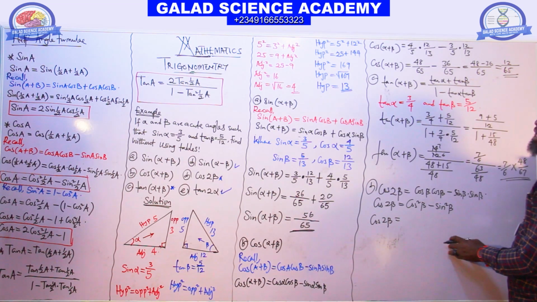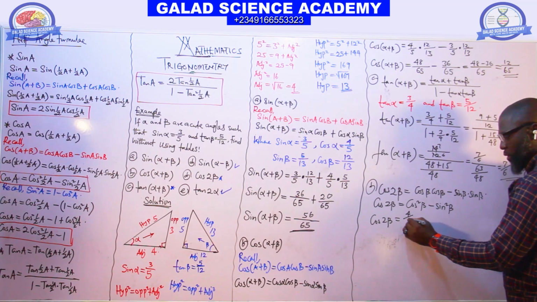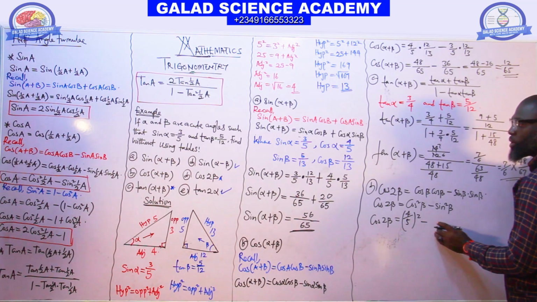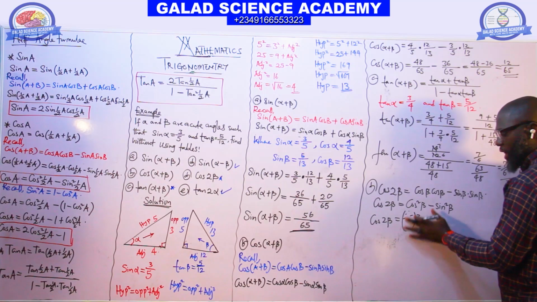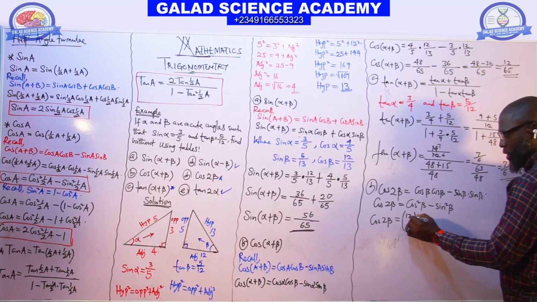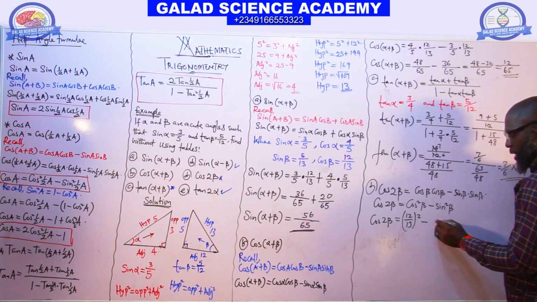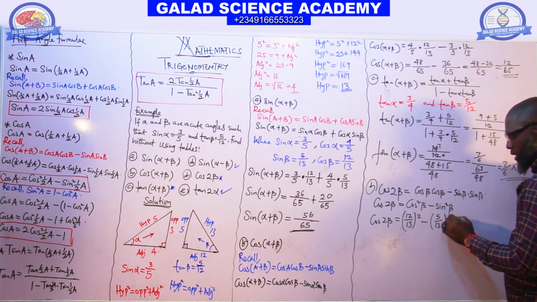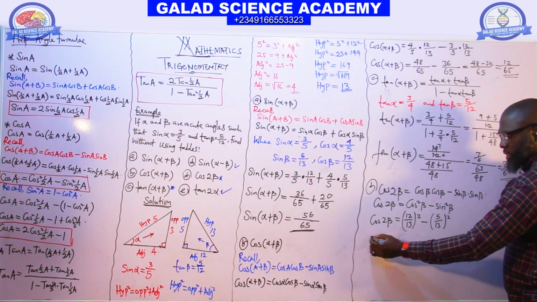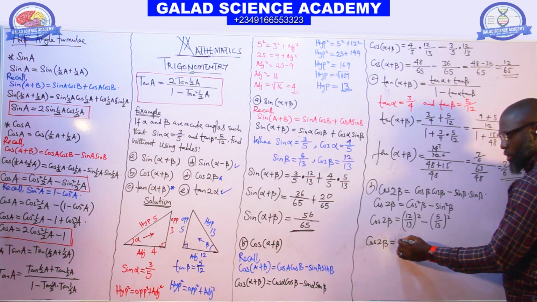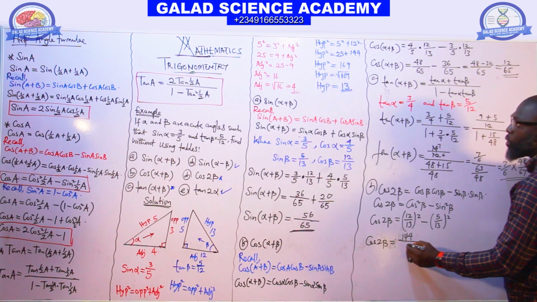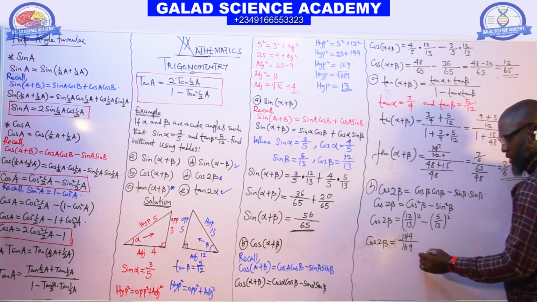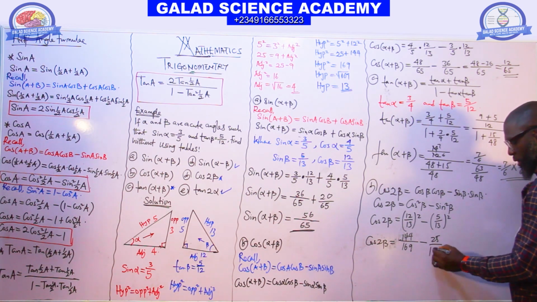What is our cos beta? Cos beta is 4 over 5, everything squared, minus sine beta. No, cos beta is 12 over 13. Sine beta is 5 over 13. Everything squared. So by doing that, cos 2 beta will be 144 over 169, 13 squared, minus 25 over 169.